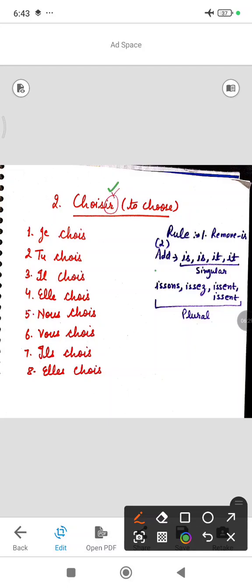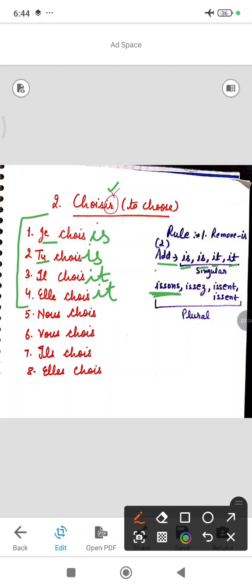So what is the next rule? With the singular you have to add IS, IT. Now try yourself. Which are the singular ones? First 4. And as I told you to remember, with je and tu will come IS. Here also IS. And with il or elle, IT and IT. Next, you have to complete this carefully. Don't be confused that there is already an S, so why not write SONS? That will be incorrect because that is not the rule.